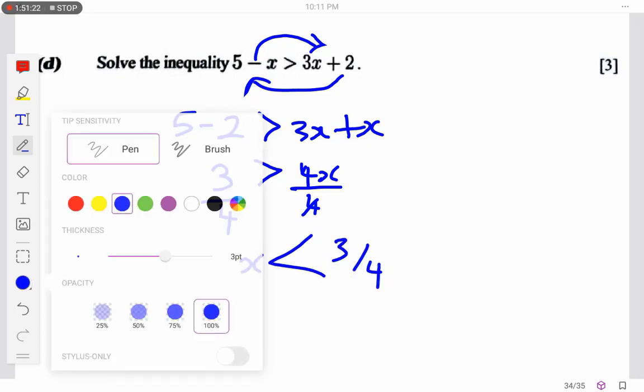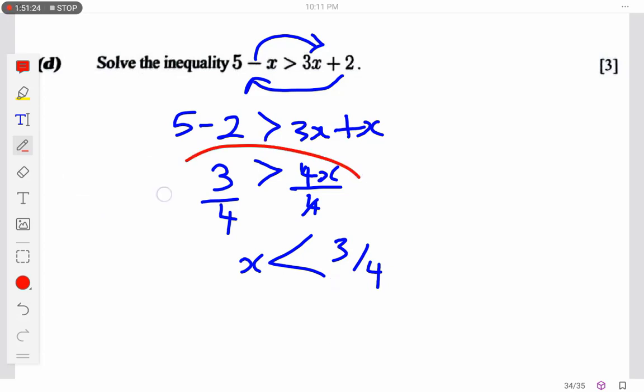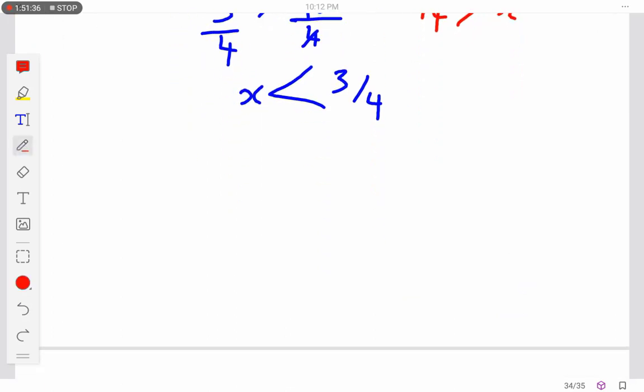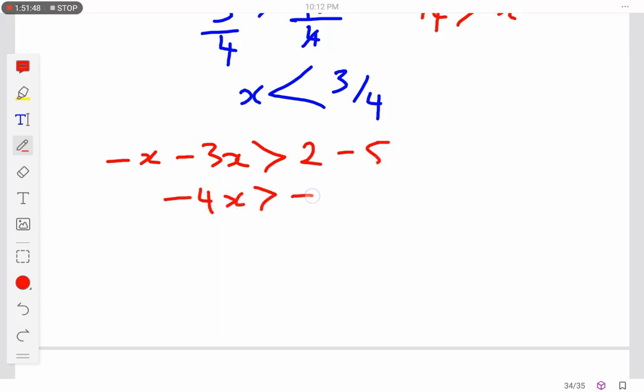Someone may ask me, how did you do that? You find out this, guys, here is the same as 3 over 4 is greater than x, which is the same as this. If you want the one to change the sign, this is how you do it. You take your minus x here and you have minus 3x here is greater than 2 minus 5 there. So you have minus 4x is greater than minus 3 there.